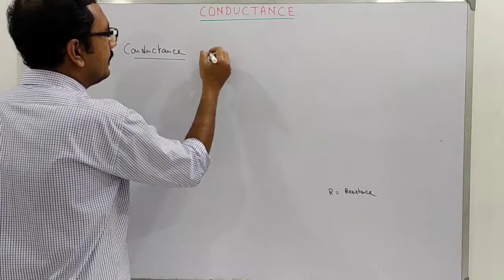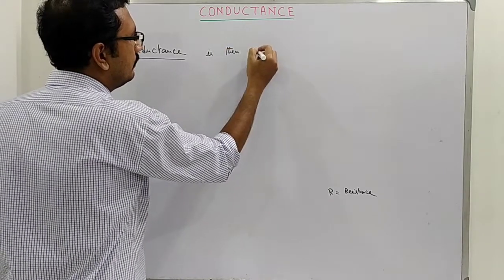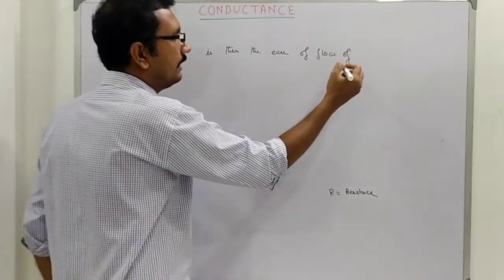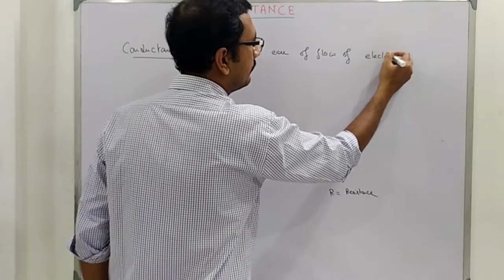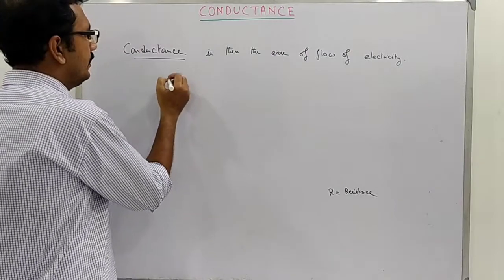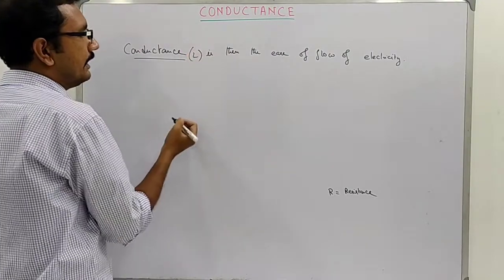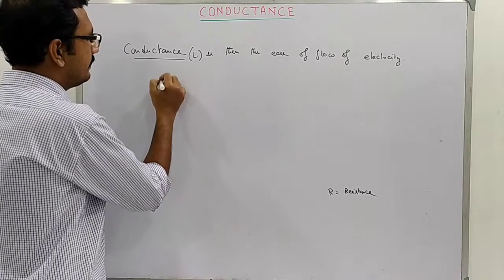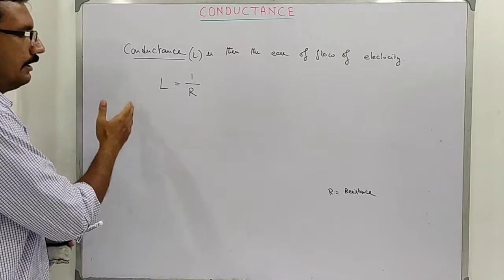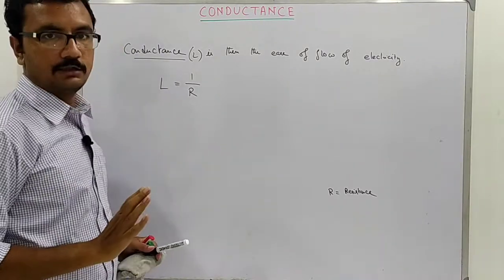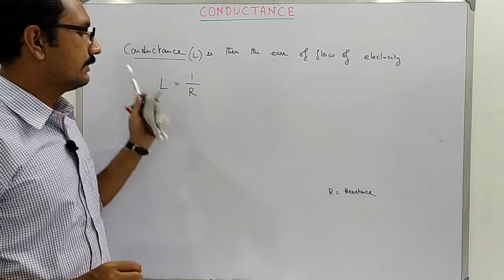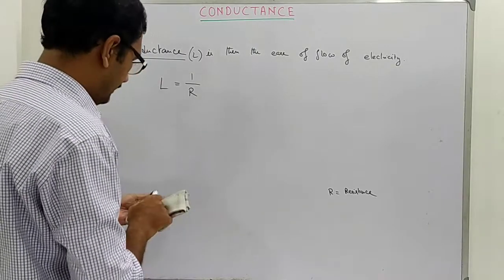Conductance is then the ease of flow of electricity. If this is the resistance, then it is the ease of flow of electricity. So, conductance, which is symbolized as L, is connected to resistance by the relation L equals 1 by R. So, conductance is the reciprocal of resistance of any conductor. So, it is the obstruction and it is the ease of flow. This is the relation. Now, what is the unit?